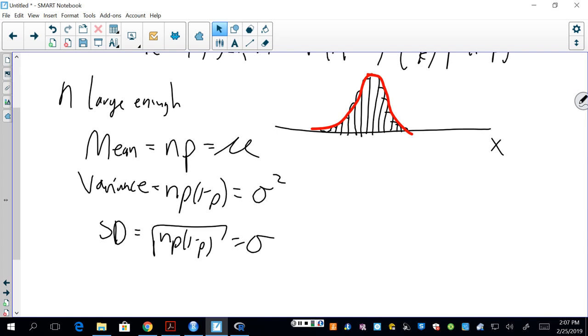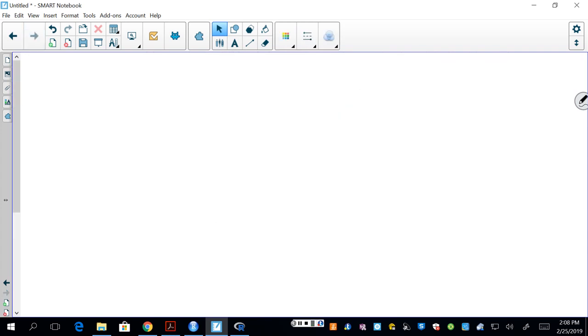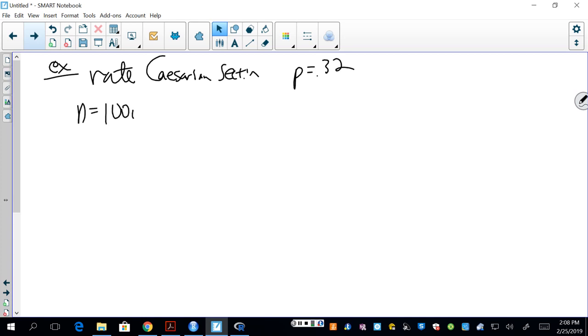But let's look. Let's say that the rate of having cesarean sections, C-sections, in birth is about 32%. And we have 1,000 births.